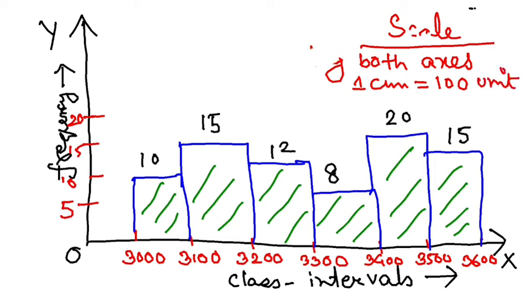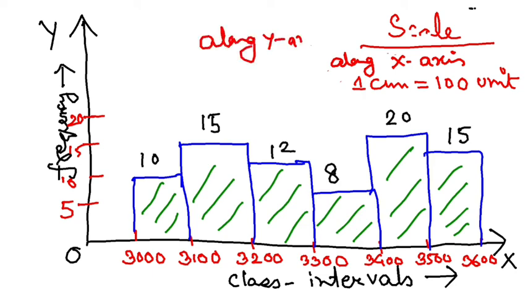This is not along both axes. What you have to do here, 1 centimeter equal to 100 unit for x-axis. So you'll write along x-axis, right? And how much I have taken for the y-axis? So here you have to write along y-axis. How much is there? 1 centimeter is equal to 5 unit.